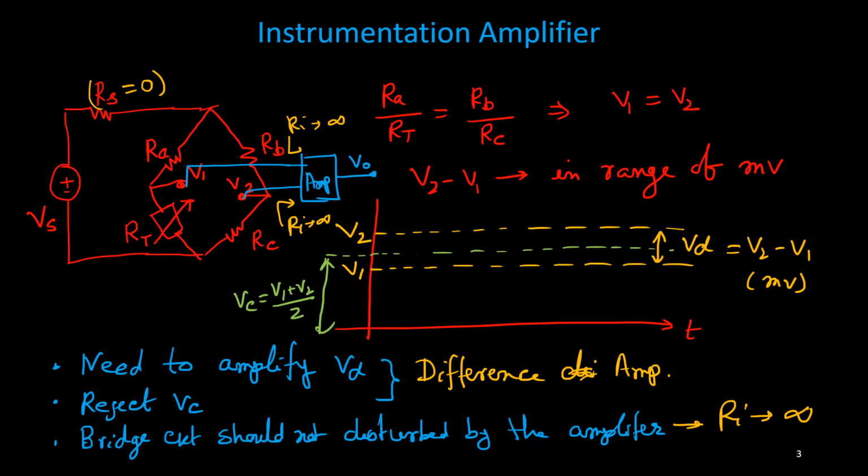However, its gain is infinite. Thus, it cannot be used for this purpose because we need some finite gain, not infinite gain. So let us then consider instrumentation amplifier. What we'll do first is consider the difference amplifier.